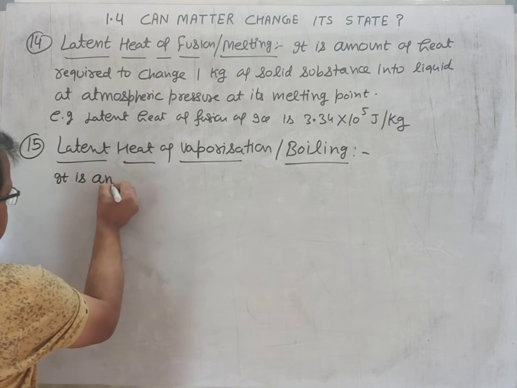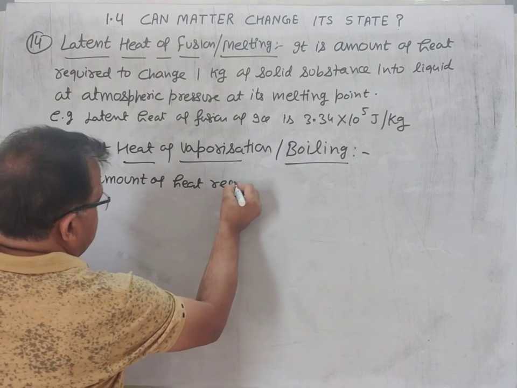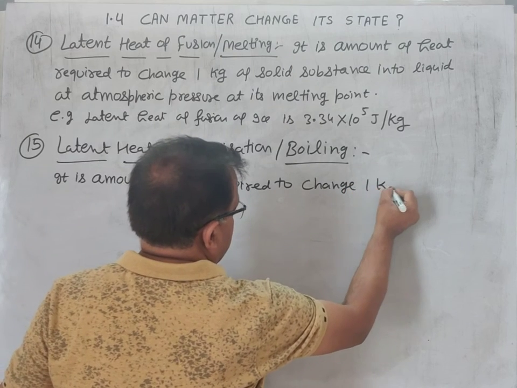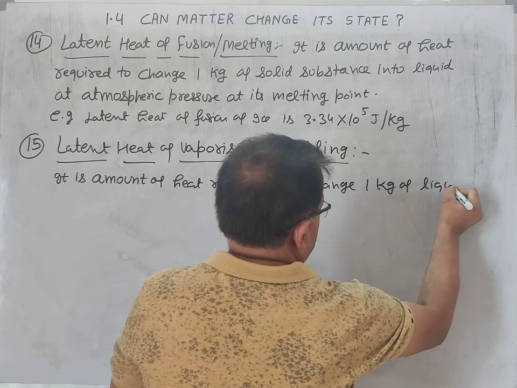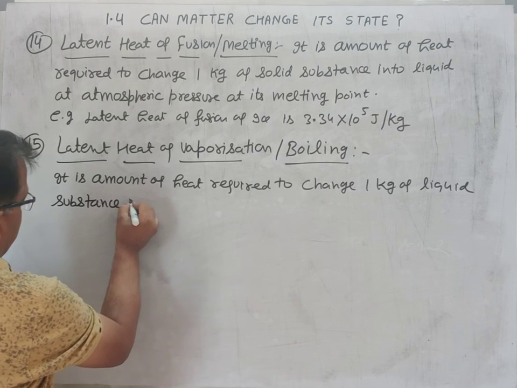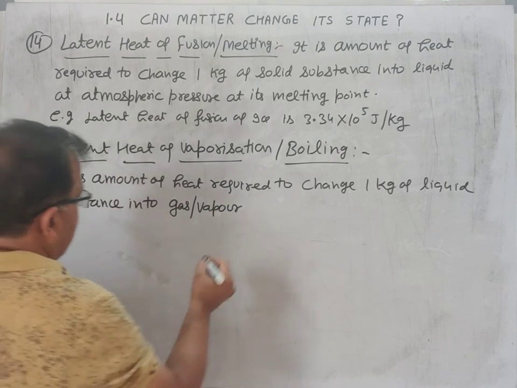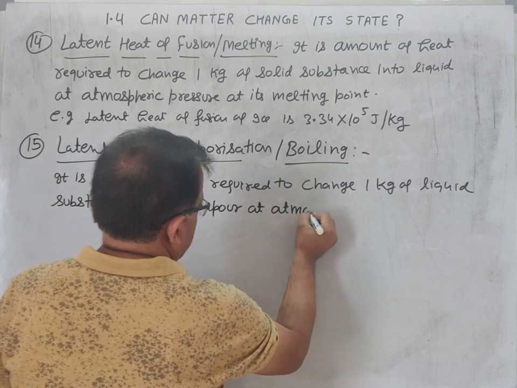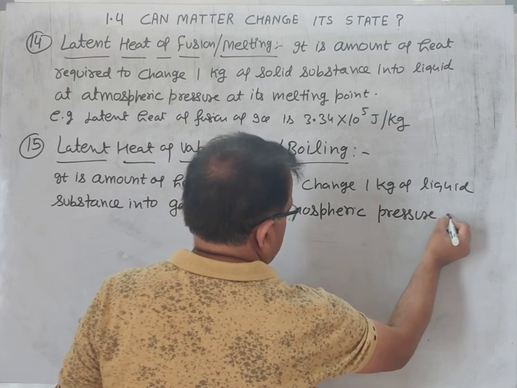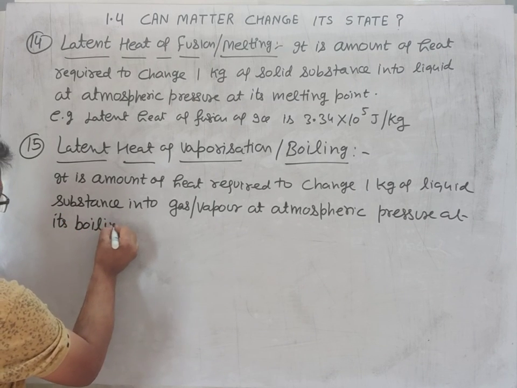It is the amount of heat required to change 1 kg of liquid substance into gas or vapor at atmospheric pressure at its boiling point.